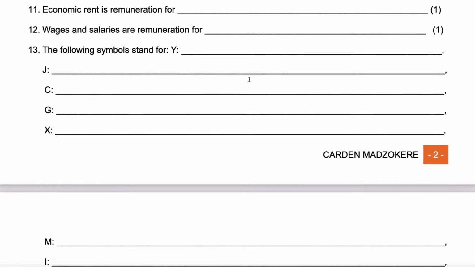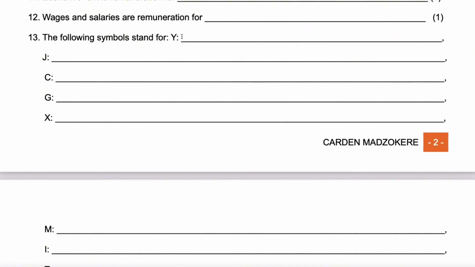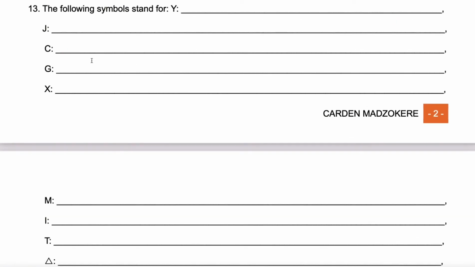Okay, now let's look at some economic symbols. Y, that's income. J, injection. C, consumption, spending by households. If you write consumption, it's wrong, because consumption is like using.